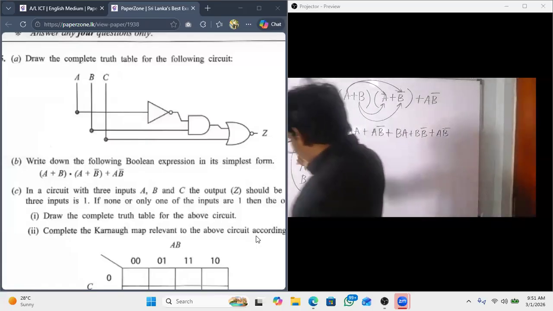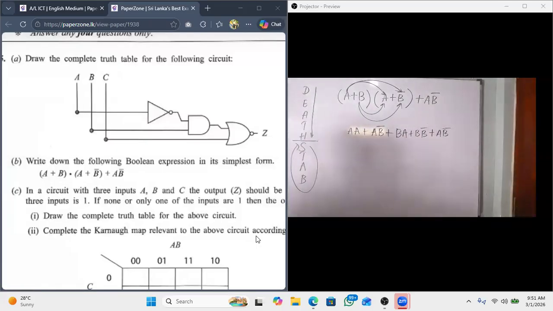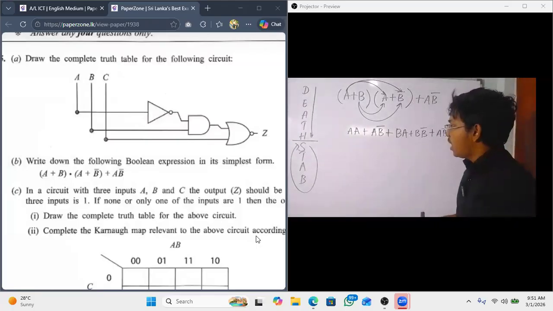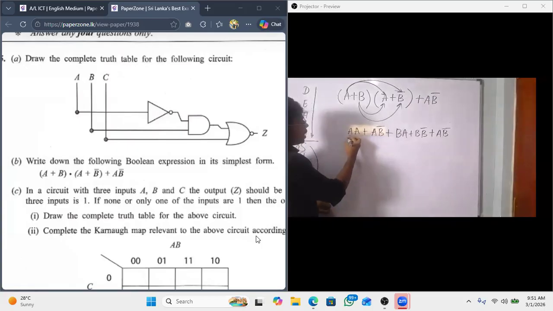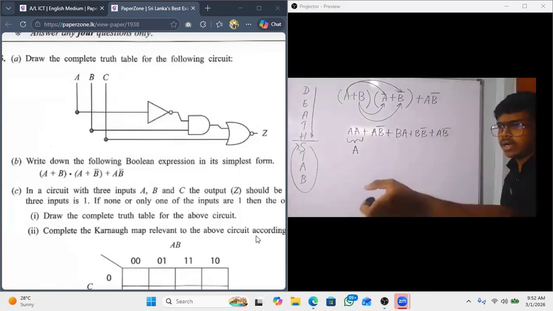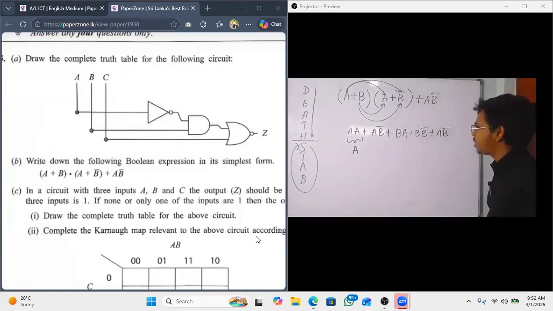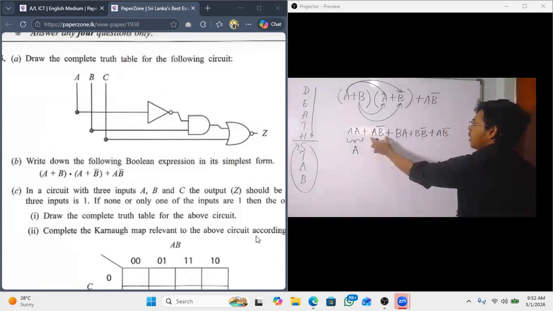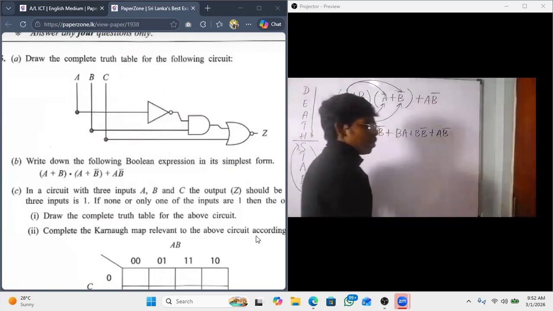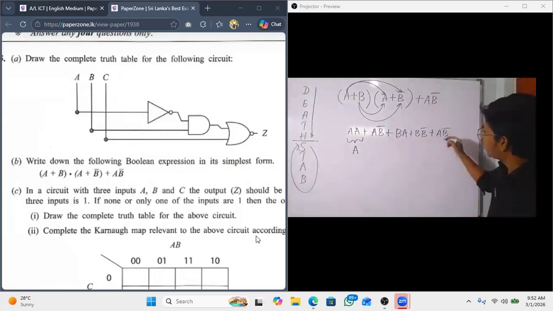And then what? Tidy up. Tidy up means, I told you, similar terms you can cancel. Now see, A dot A means A. You tidy it up. Now see, A dot B bar. Here also we have A dot B bar. We have two. We don't need two. We can erase one easily.